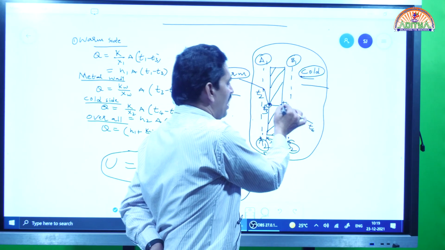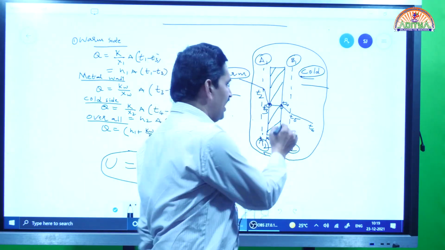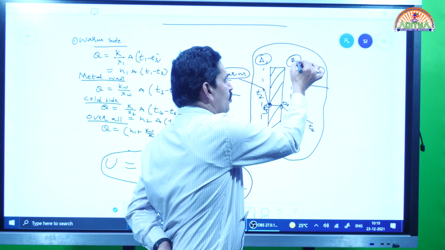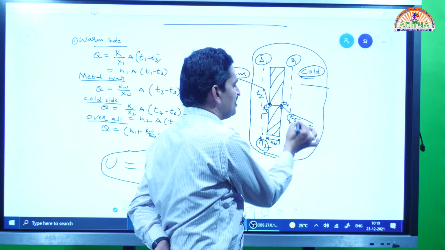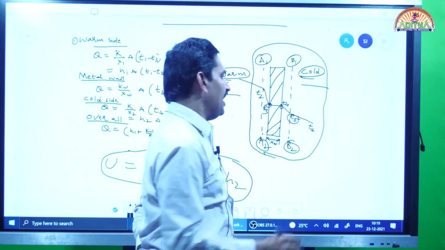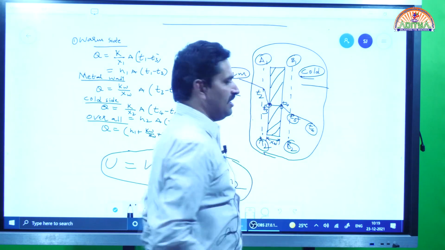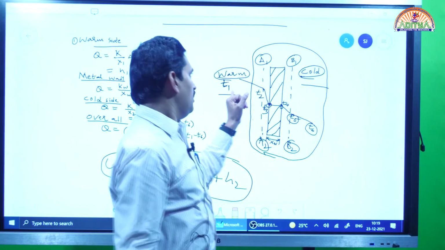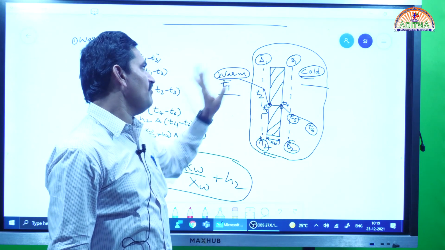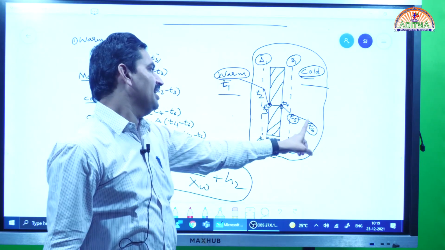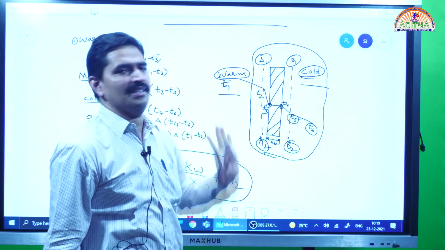After that, it permeates through the cold water film, that is B1, B2, with temperature T5, and finally it reaches the bulk of the cold water with T6. So the heat permeates from warm water at temperature T1, and finally into the cold water at temperature T6.